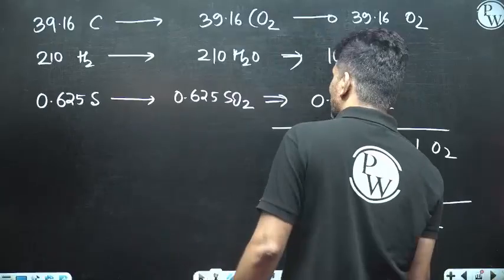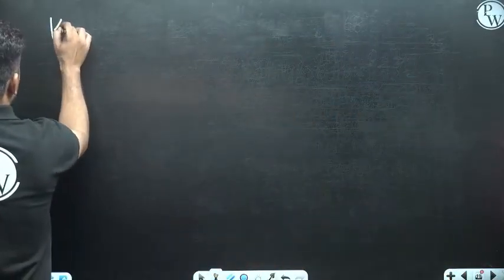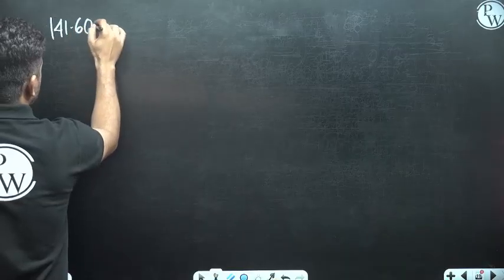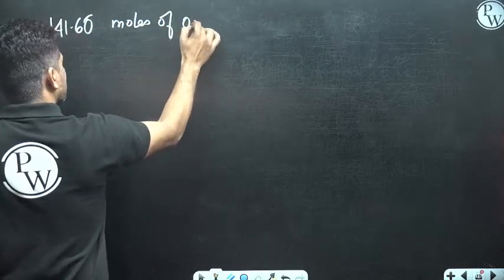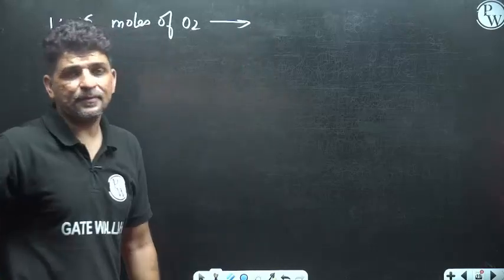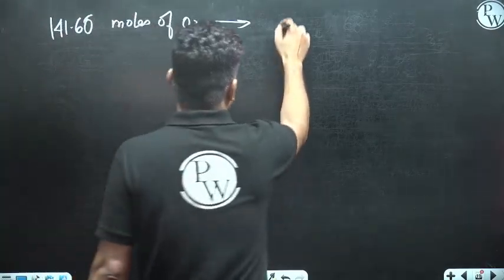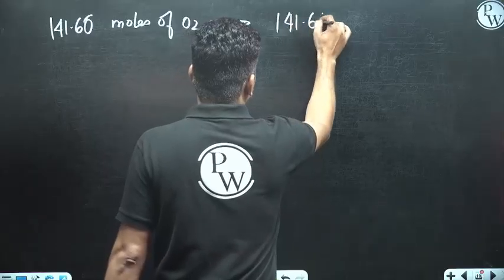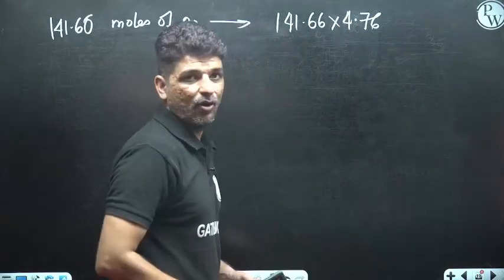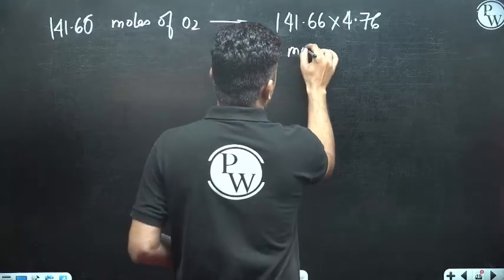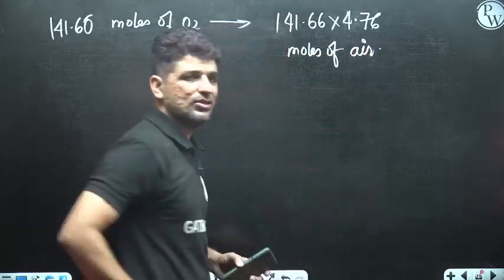If it is 141.66 moles of O2, this will lead to how many moles of air? So multiplied by 4.76. So 141.66 multiplied by 4.76 gives the moles of air. Why are we writing these are the moles of air?